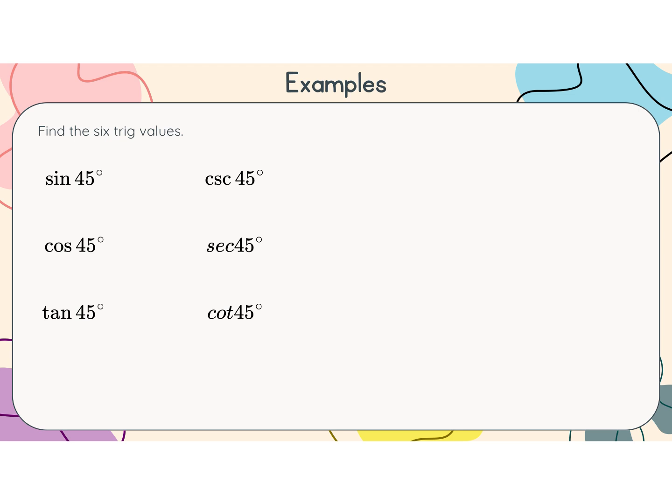All right, on this page, let's try the exact same thing with 45 degrees. Is 45 degrees special to us? It is, because this relates to a 45, 45, 90 triangle. So this is 45, this is also 45. I know that the sides opposite of the 45-degree angles are A, and then the hypotenuse is A square root of 2.